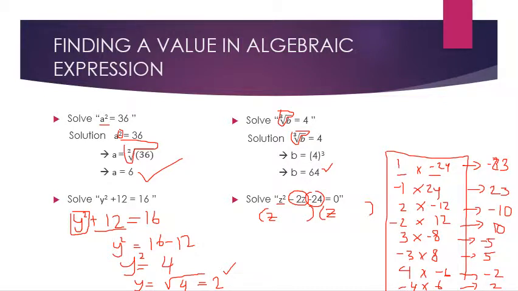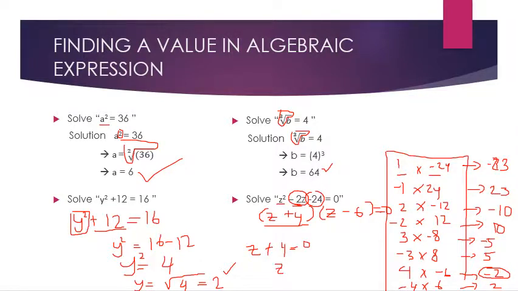To get this minus 2 in the middle, we get that it's a multiplication of 4 and minus 6, or an addition of 4 and minus 6. So this is plus 4, and this is minus 6. Now this is not done. After this step, you have to do it one by one. z plus 4 equals 0.